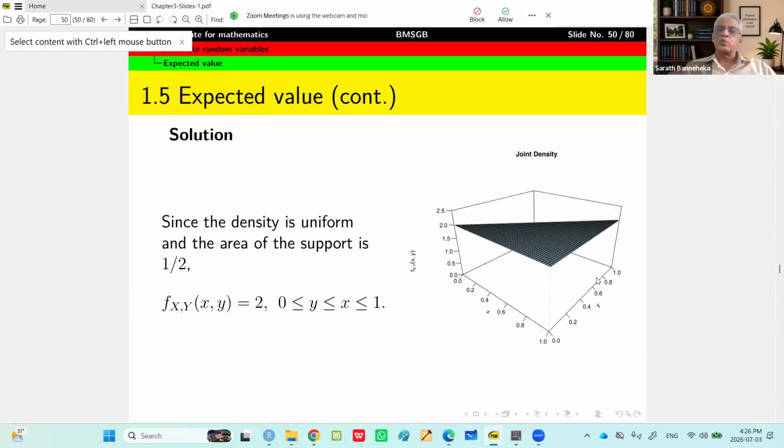The joint density surface is going to be above that, and it's uniform, so the height should be equal to 2, so that the volume under the surface becomes 1. Therefore, our joint density function will be equal to 2 when x and y satisfy the condition y less than or equal to x, x less than 1, y greater than 0. So we want to find the expected value of X and expected value of Y for this uniform density.